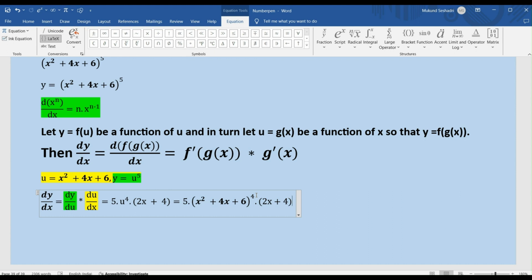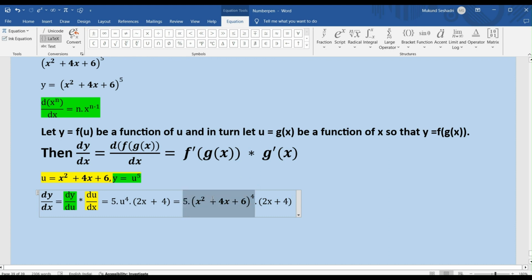I do the differentiation of f with respect to u, and then I treat my g of x separately and differentiate it. My chain rule states that d by dx of f of g of x is nothing but a product of these two derivatives.